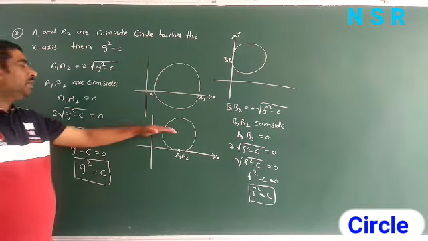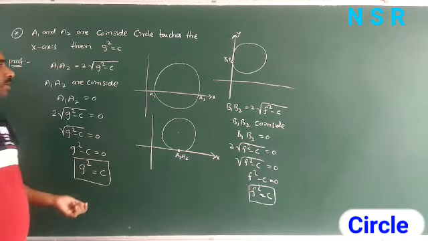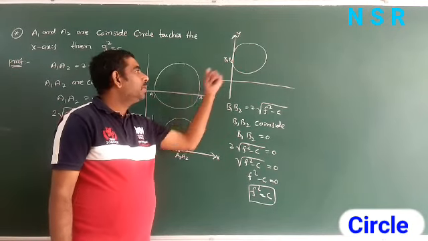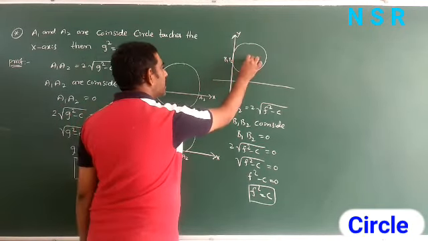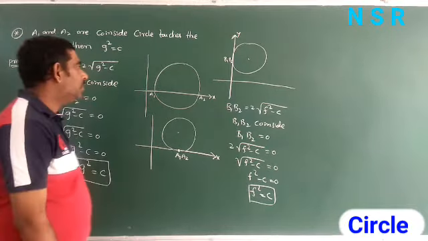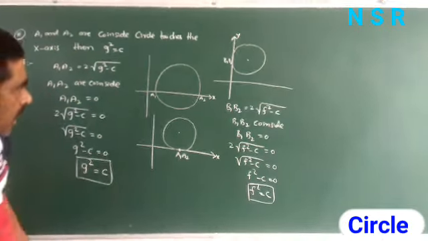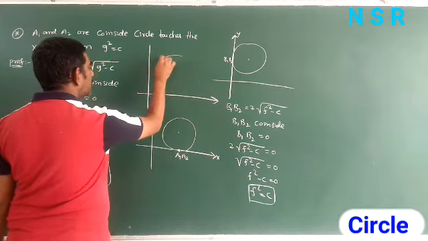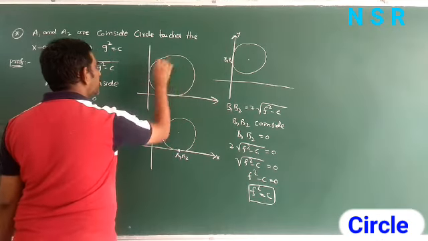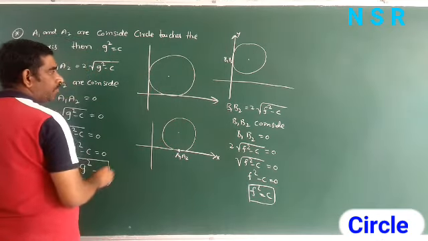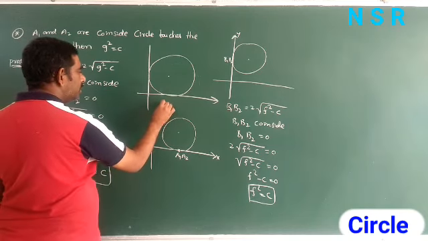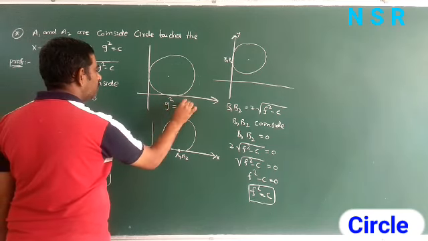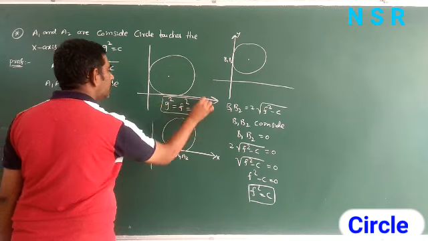So if A1 A2 coincide, we get g square equal to c, and if B1 B2 coincide, then the circle touches the y axis, f square is equal to c. If the circle touches both the x axis and the y axis, then we get g square is equal to f square is equal to c.